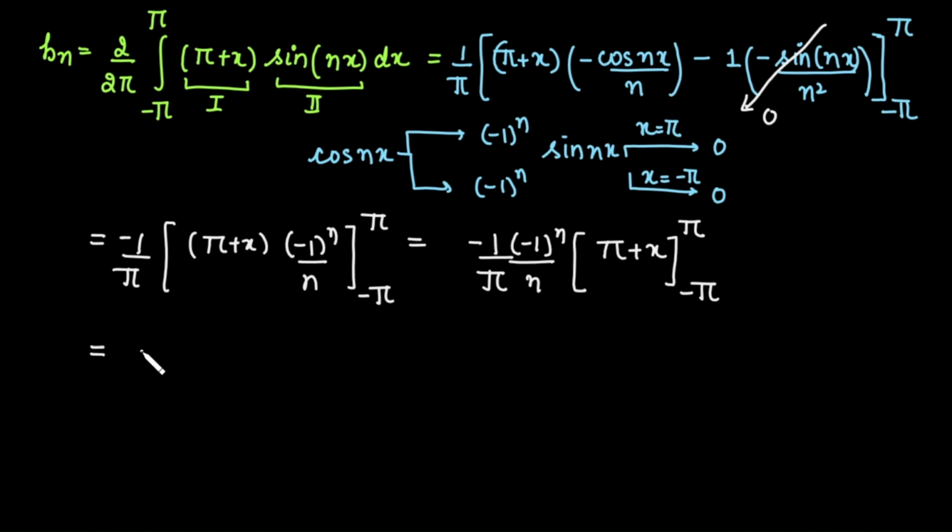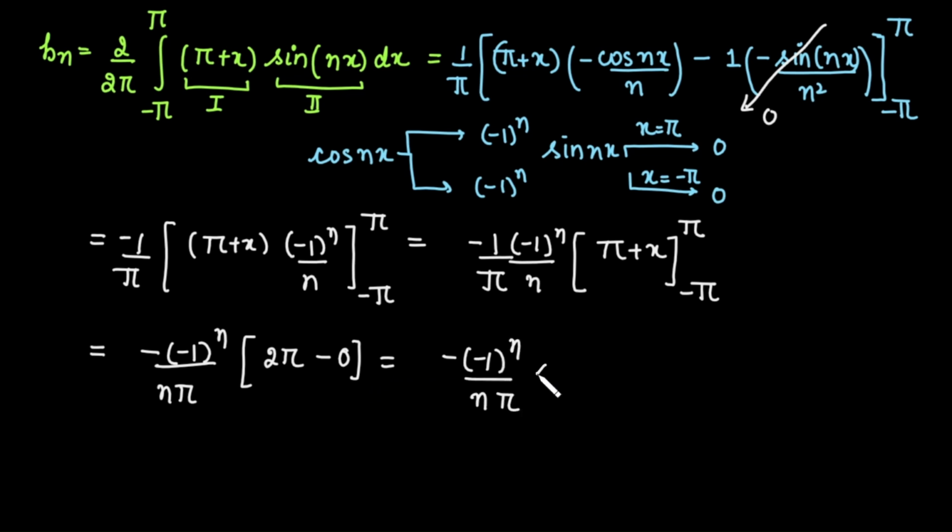This is further equal to minus 1 raised to power n upon n into pi, upper limit, that is 2 pi over here, minus, when you put the lower limit we are getting 0. This is equal to minus 1 raised to power n into pi multiplied by 2 pi. So finally expression in this case is 2 into minus 1 raised to power n plus 1 divided by n.